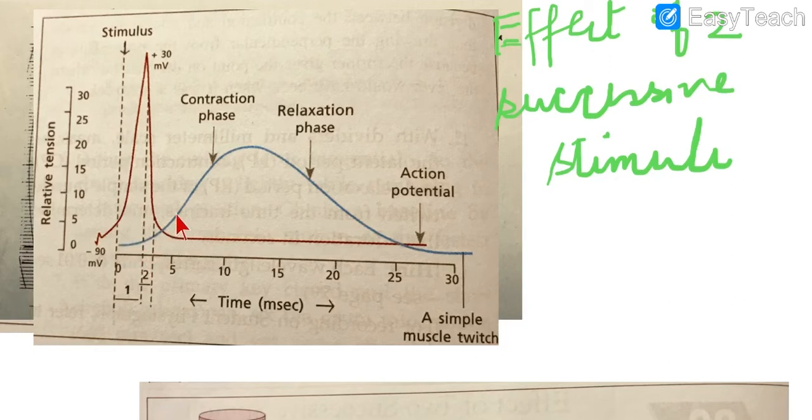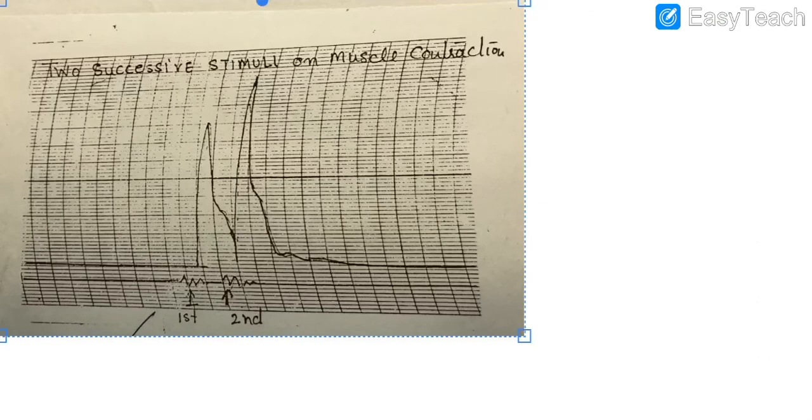But we are providing the stimulus either during the contraction phase or during the relaxation phase. So in the given diagram, we are providing the second stimulus during the relaxation phase.